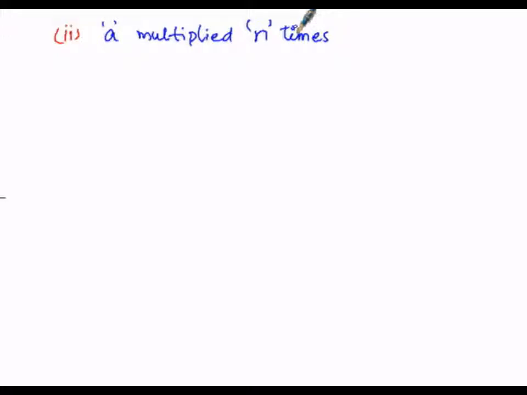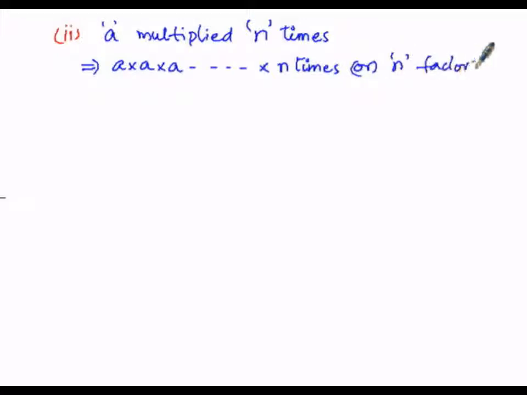So that implies a is repeatedly multiplied n number of times. So it can be written as a into a, multiplied n number of times, or as n factors.